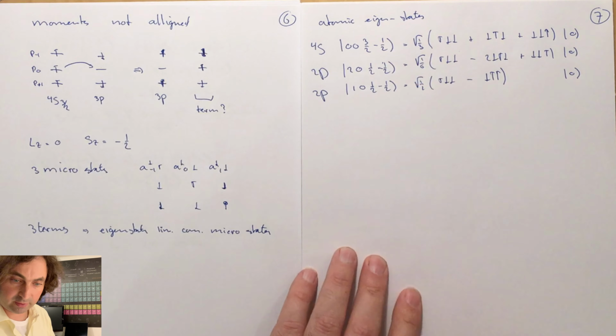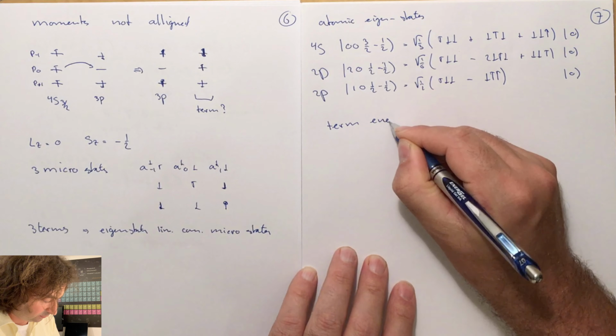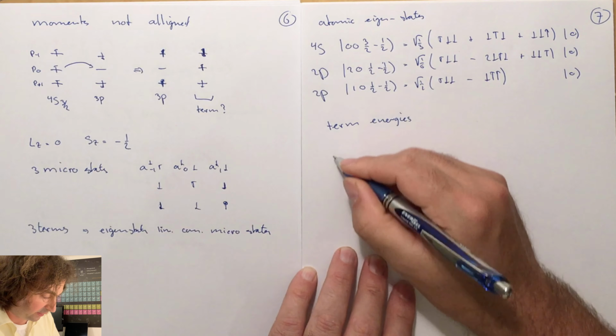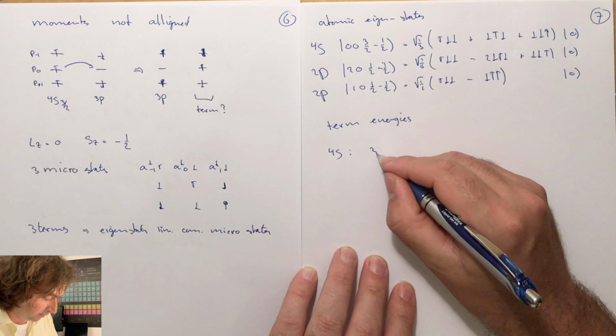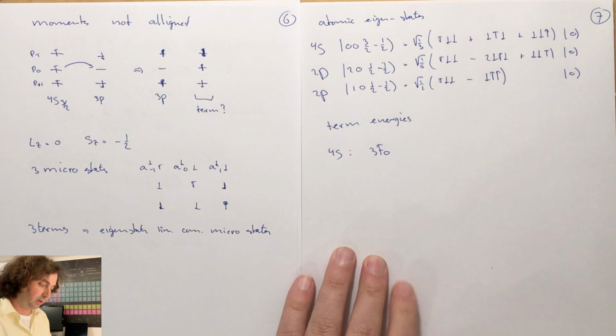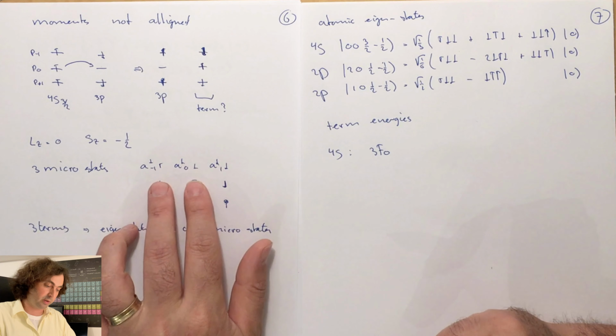Now they have different atomic energies due to Coulomb interaction, and the energy of the 4S is 3F0. F0 is always easy because that's the spherical part, we're just counting pairs.